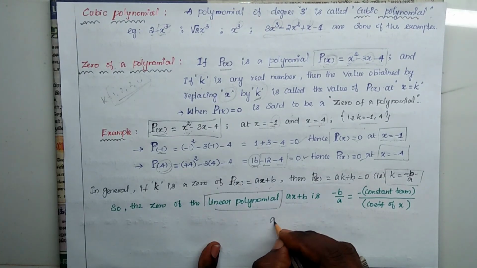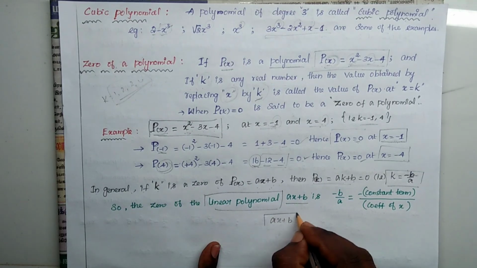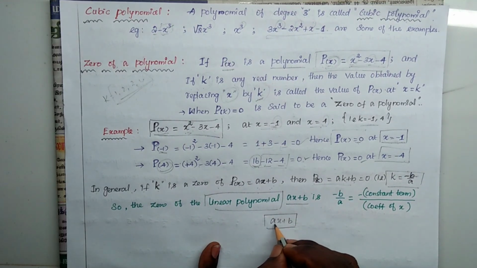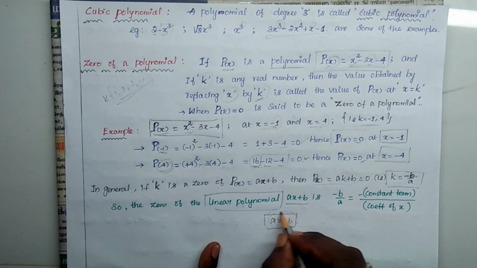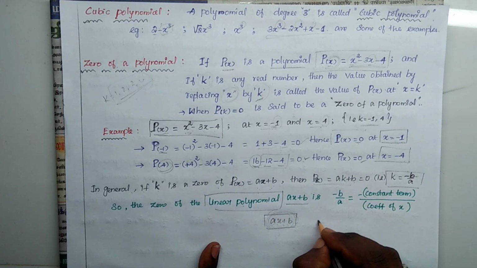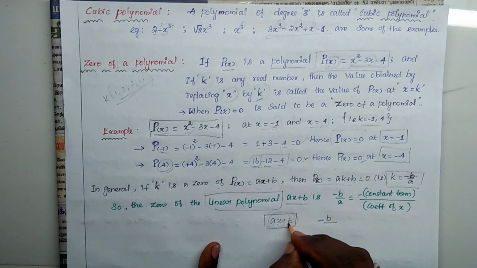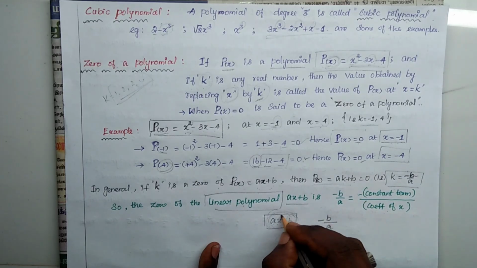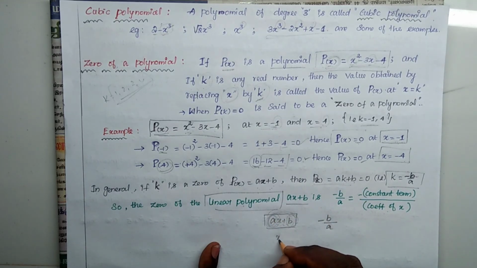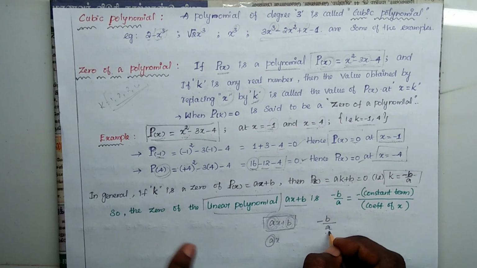A linear equation is in the form of ax plus b, right? So if a linear equation ax plus b is given and we are going to find the zero of this equation, we can directly write it as minus b by a. That is, minus the constant term divided by the coefficient of x. Coefficient of x is nothing but a.